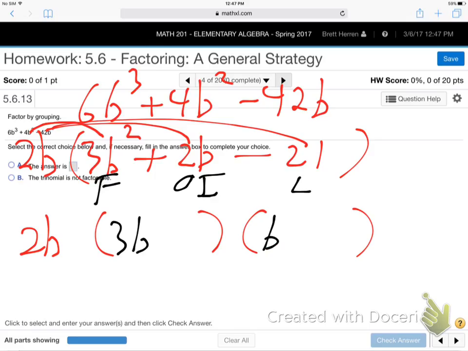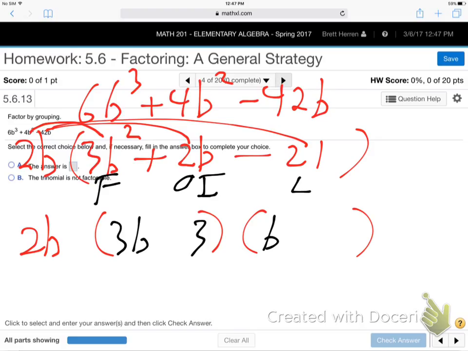Three b times b, front times front. Is that good so far? We good today, everybody? Is it making sense so far? Everybody tracking with me? So I took a 2b out, and now front times front to make front, last times last to make 21. What times what makes 21?